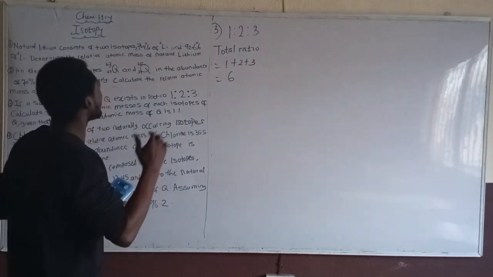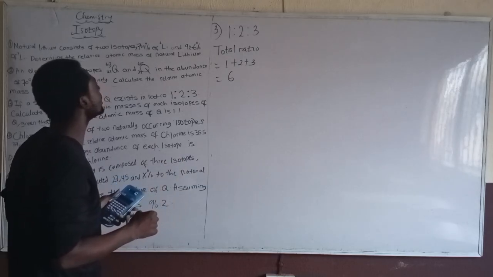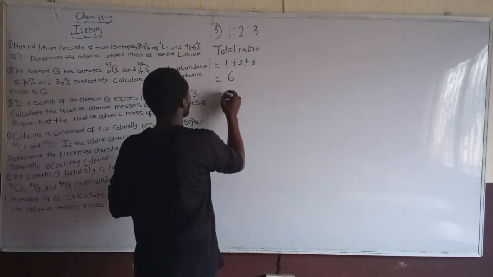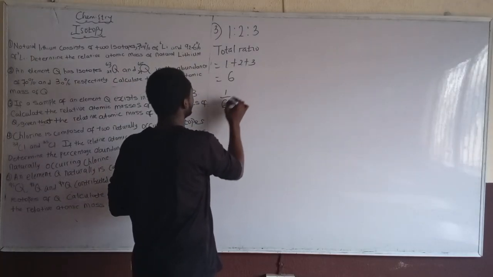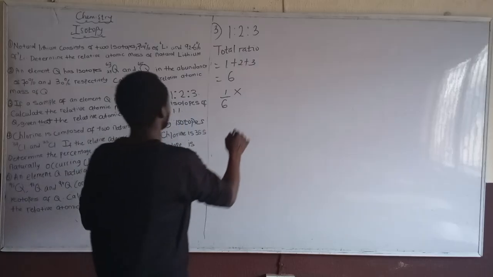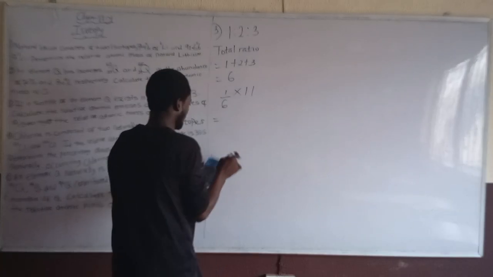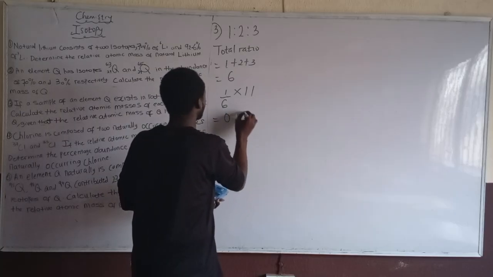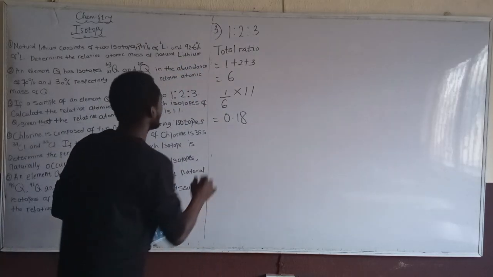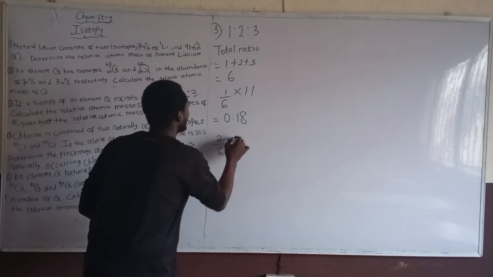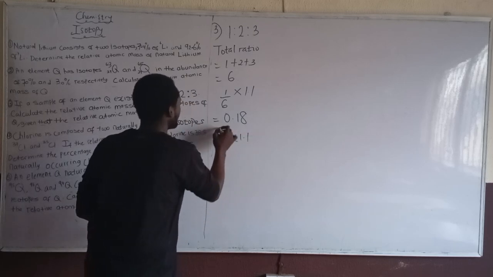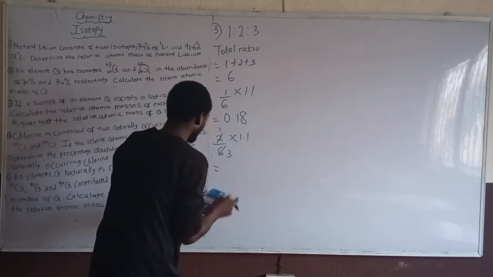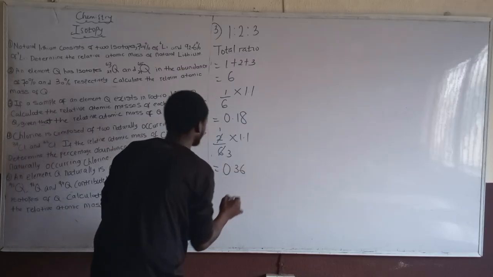Now, to get the share of 1, it becomes 1/6 multiplied by the RAM, 1.1. So that is 1.1 divided by 6, that is 0.18. For 2, I have 2 divided by 6 multiplied by 1.1, that is 1.1 divided by 3, that is 0.36.